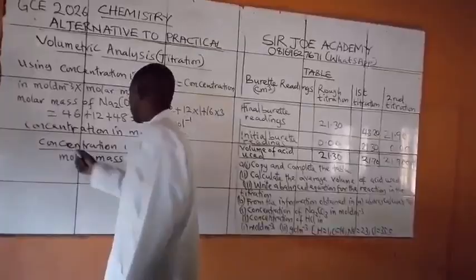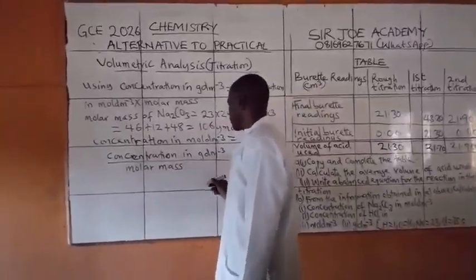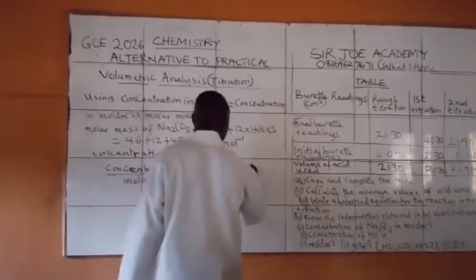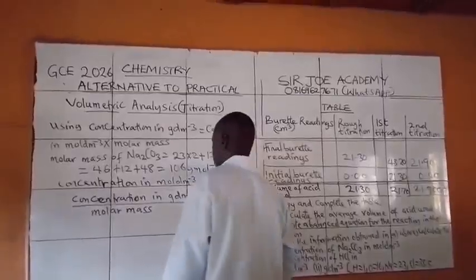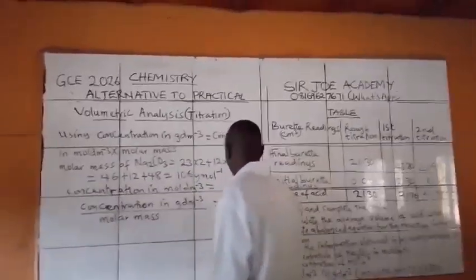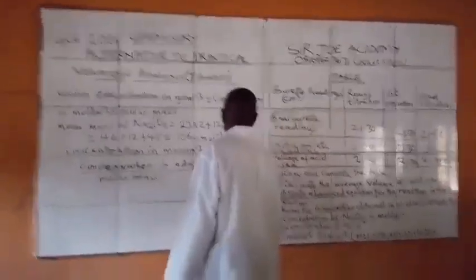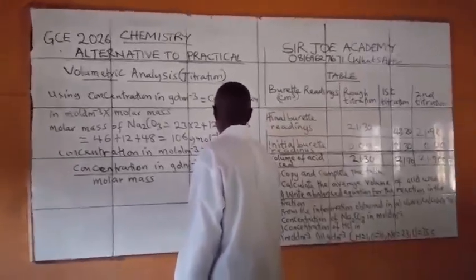And take note, concentration in gram per dm³ is equal to 5.2, when the molar mass is 106.